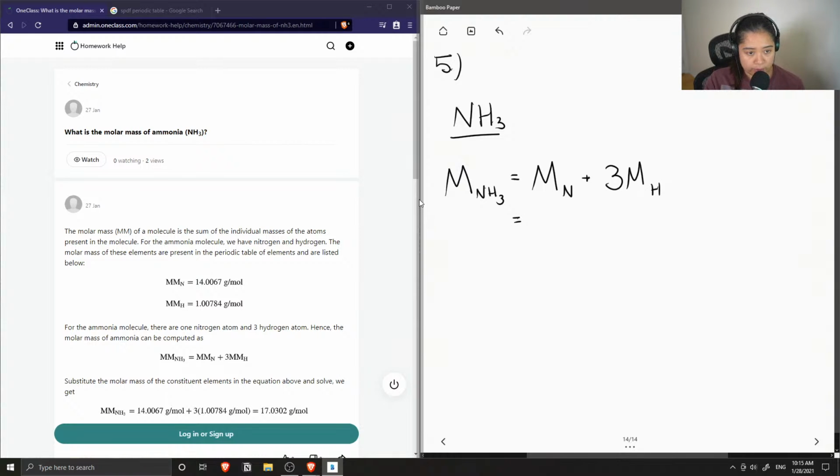So the molar mass of nitrogen is around 14.01 grams per mole. And the molar mass of hydrogen is 1.01 grams per mole.